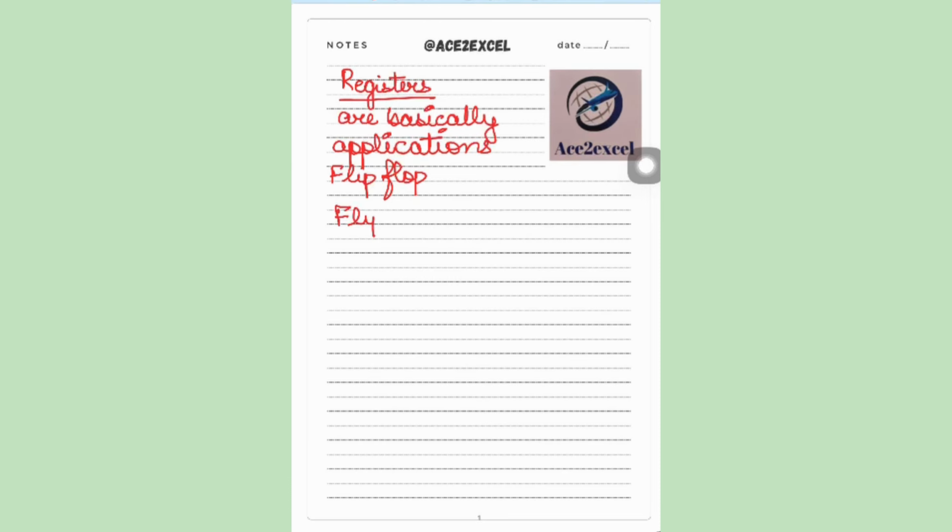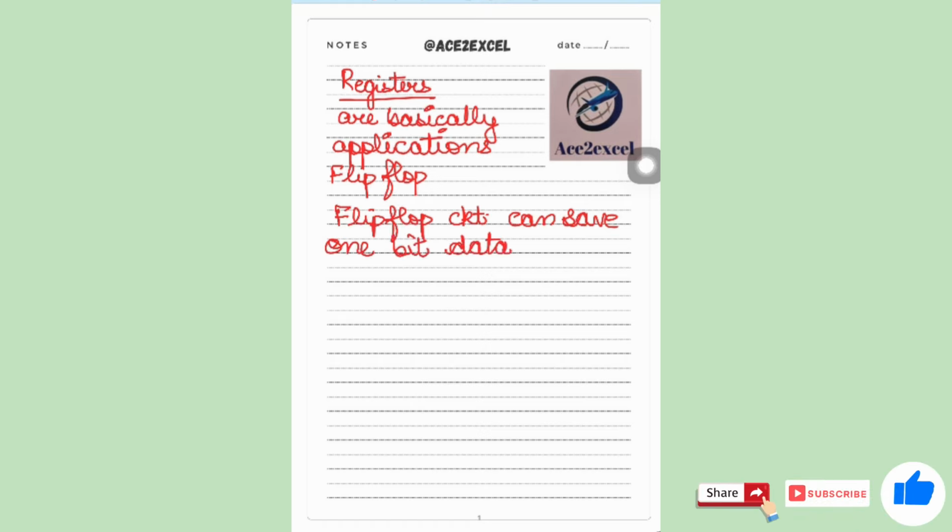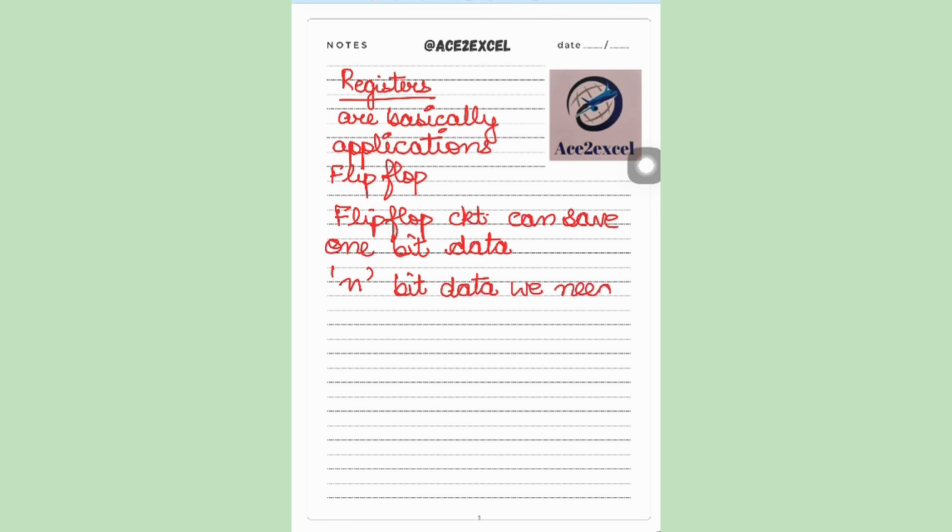A flip-flop circuit can save 1-bit data. So if we want to save multiple bits, say you want to save n-bit data, we need n flip-flops for the same.